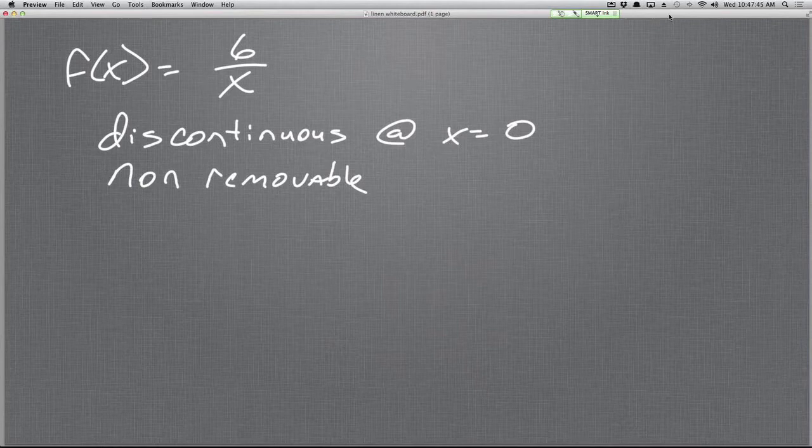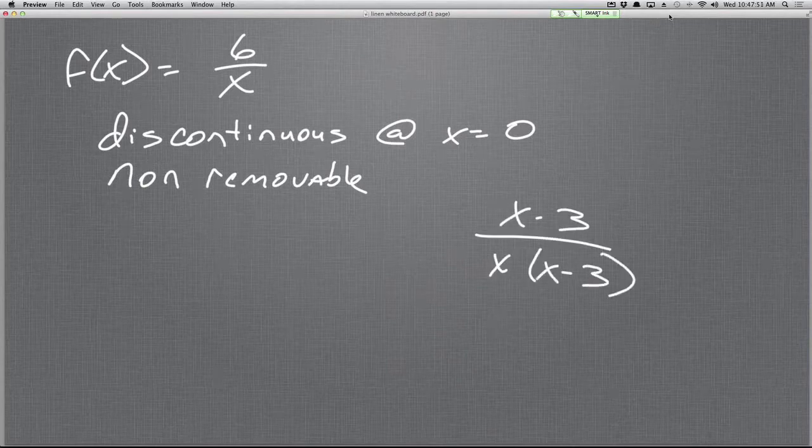But let's say I had something like x minus 3 over x times x minus 3. What would my discontinuities be there? There are two of them: 3 and 0. 3 would be a removable discontinuity because it can cancel. If it can cancel, you're dealing with a hole.